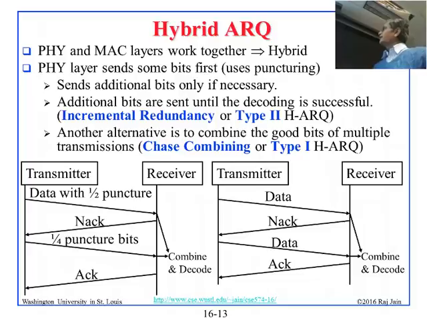This is called chase combining, a type 1 HARQ. This is called incremental redundancy, a type 2 of HARQ. So even if you send the same bits all over again, HARQ goes back into the PHY. Thing is, because here the MAC doesn't know which bits are good or bad. Basically, what happens is that the PHY knows that when it is translating this analog to digital, this one didn't come out, all right?